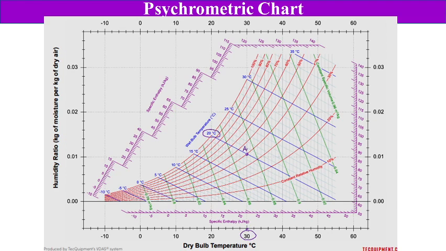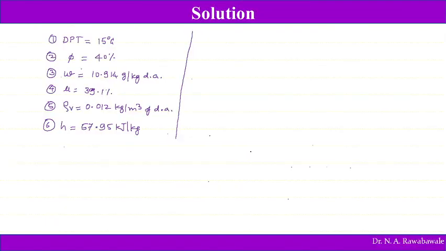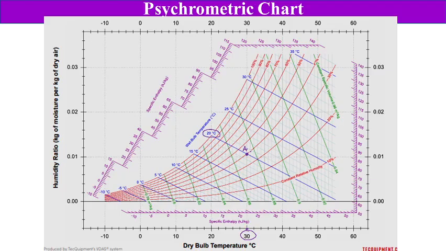From this point A, we want to find out all other parameters. In the first instance, dew point temperature is asked.